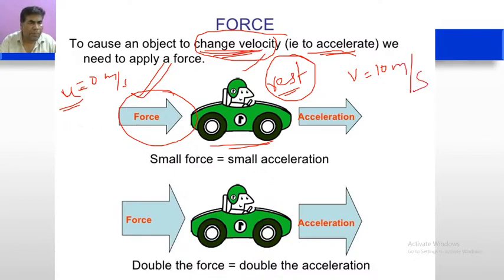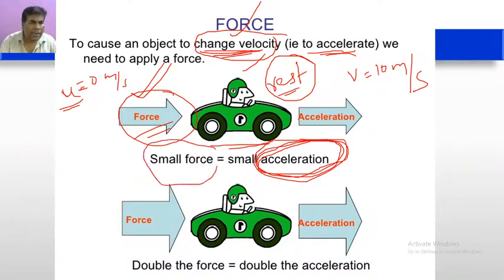We have applied force and the velocity changes. So we can tell that there happened some acceleration in the car. What is acceleration? Change of velocity. Why did change of velocity happen? Because of the force.